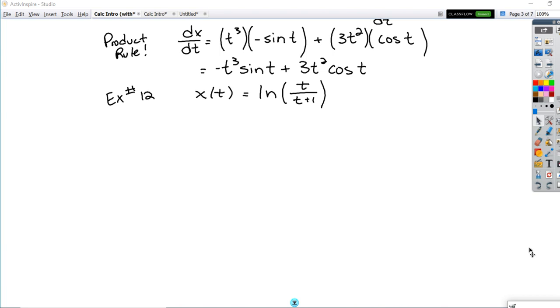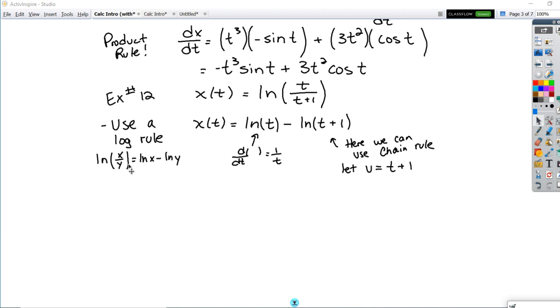Example number 12. x of t equals the natural log of t over t plus 1. Here we could use u sub and get rid of this whole thing and say that u is equal to t over t plus 1, or we could use the rules for logs.